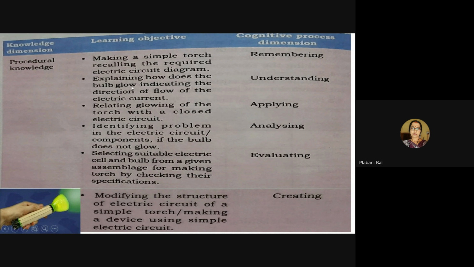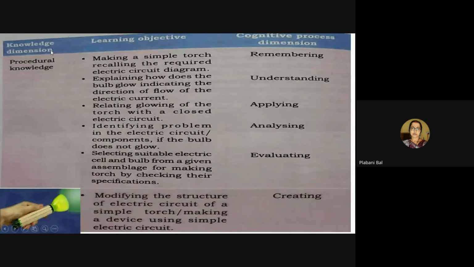Then another objective example is explaining how the bulb glows, indicating the direction of flow of electric current. If the learner is able to explain how the bulb glows and is able to indicate the direction of flow of electric current, then we can say that the understanding process dimension is achieved, if this type of thing you consider as your objective.